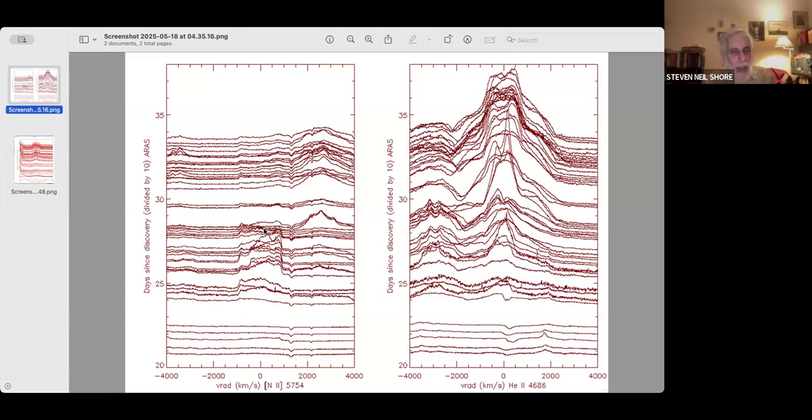The ejecta have a velocity field, and the velocity is confined, you can see that from the helium, to 2,000 kilometers per second. And the helium line changes. You see that the core changes relative to the wing? Okay, this is the same thing.